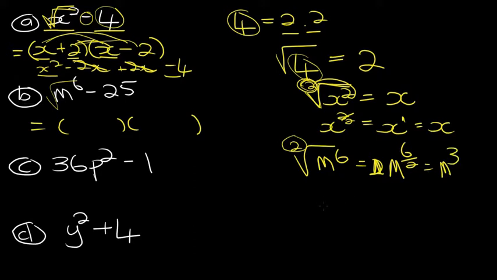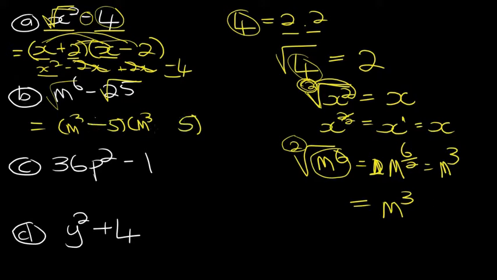Or you could ask what times what will give you m6 if it's the same thing, and it's m to the power of 3. So the square root of m6 is m3. You put it there in the first place of the first and second bracket, and the square root of 25, we know it's 5, and you say plus minus.